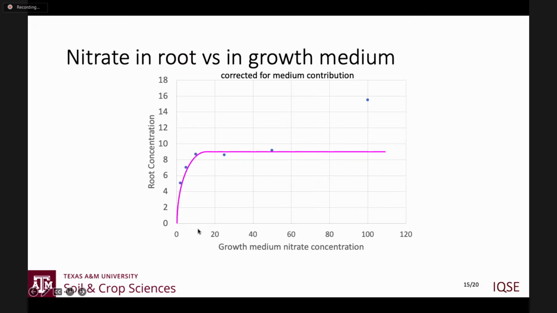And then we have measured this for seedlings that have grown in different agar media with different nitrate concentrations. And you can see that after 10 millimolar there is a saturation of nitrate, and you see this peak at 100 millimolar.